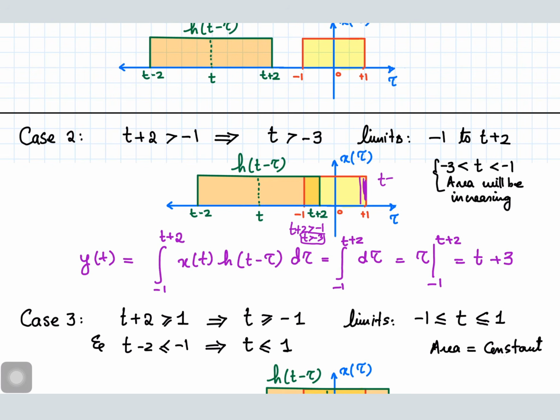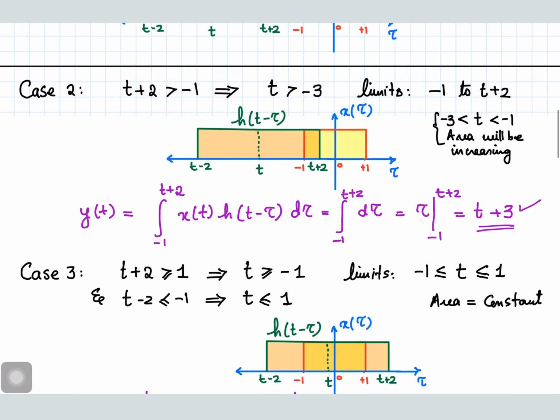So t plus 2 is less than -1, and from here we can say t is less than -1. So one limit is this and the other limit is this. These are the limits of the integration to work out the area under the product of x of tau and h of t minus tau, and that is given by this expression.